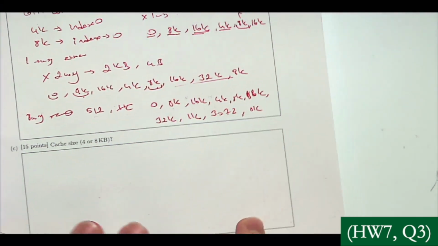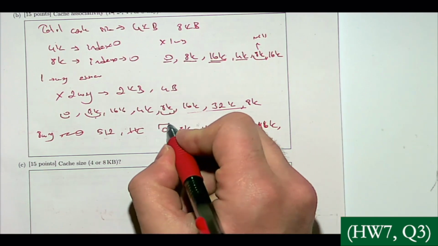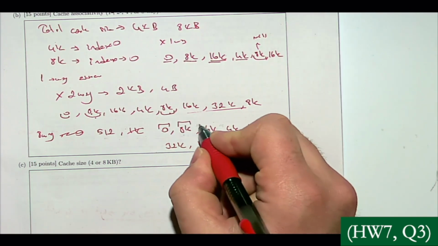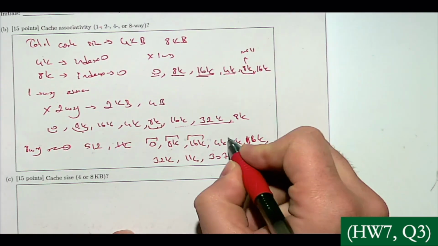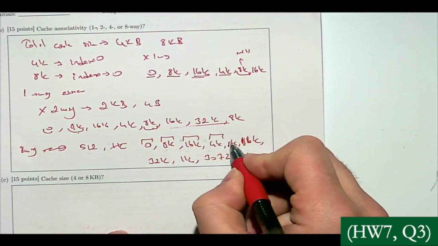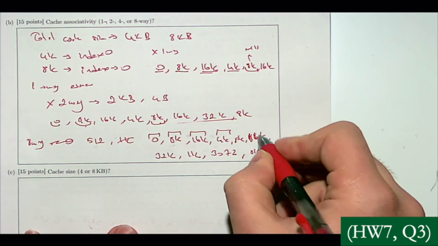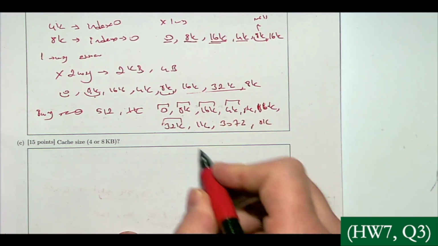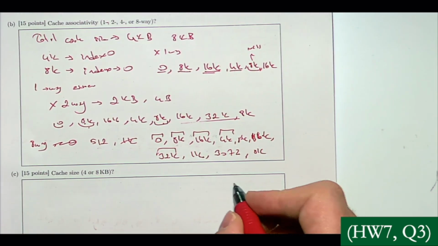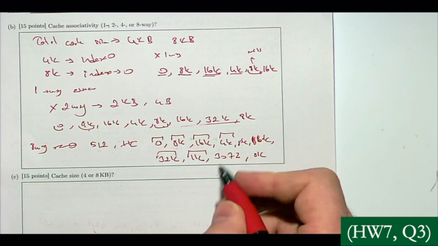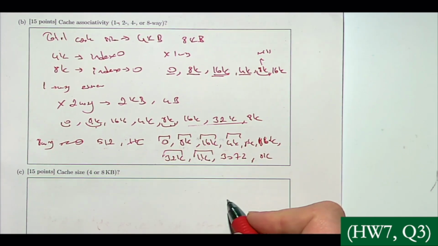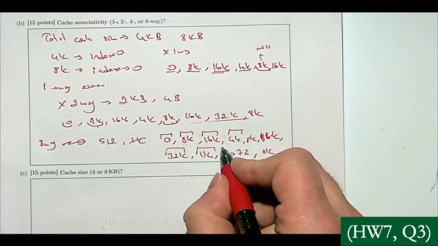If this was an 8-way, then this would be in cache. Again, this is already in cache, and this is already in cache. So there's a space to put it in the cache as well. There is also still a space to put this 1K address access into the cache.